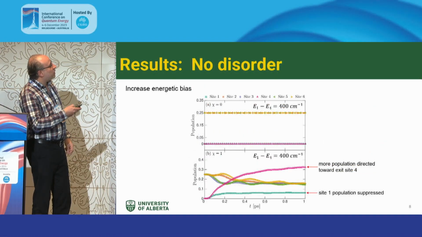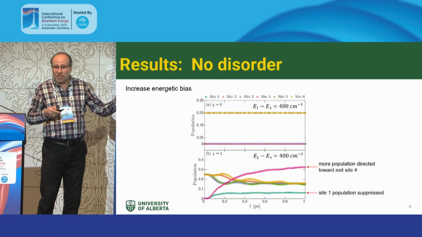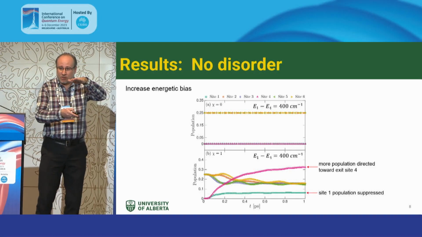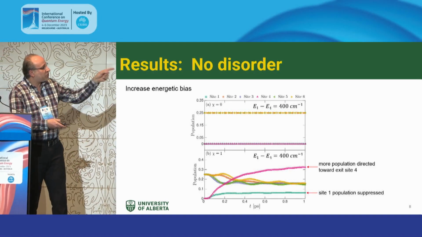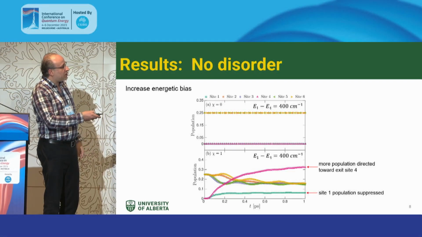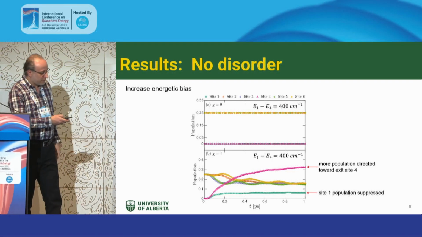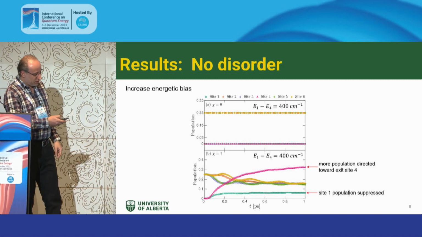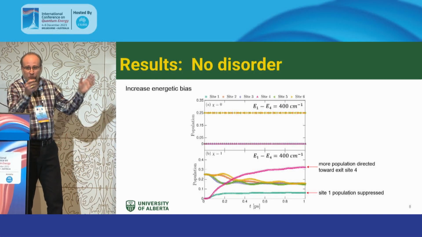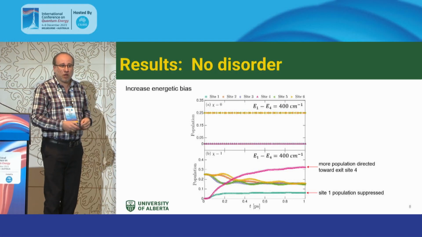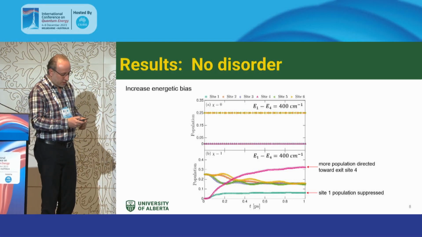Okay, just quickly, if you increase the energetic bias, that is the difference in energy between sites 1 and 4, from 250 to 400, you see that you can direct more population towards the exit site and suppress the site 1 population. Okay, so we can explore the whole parameter space of the model, which we did, but I'm not going to get into that today.